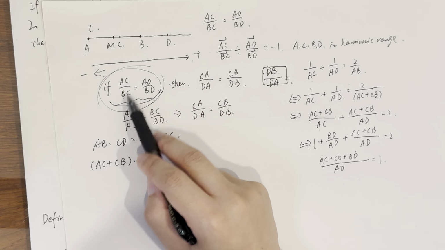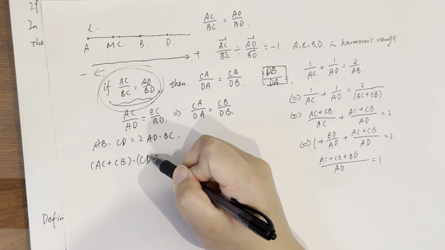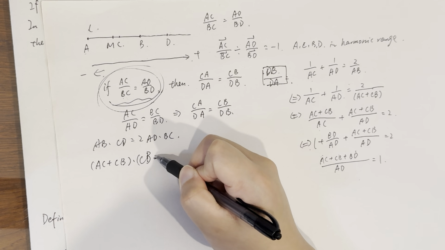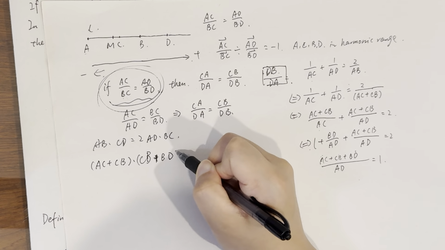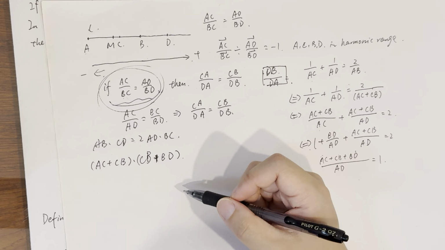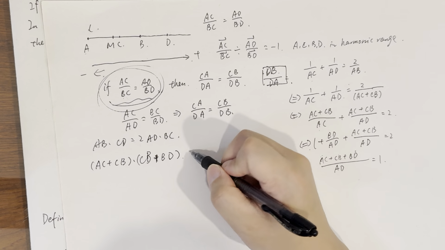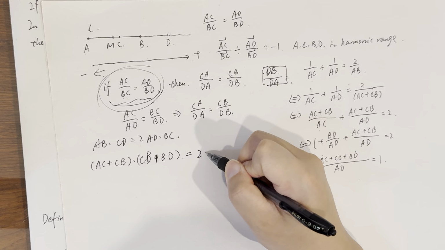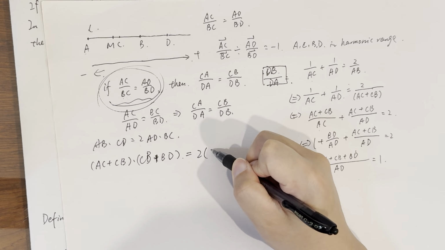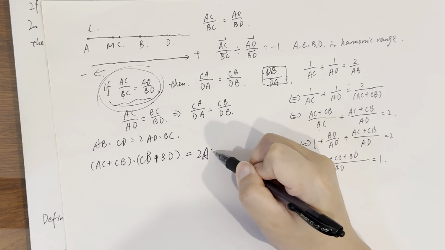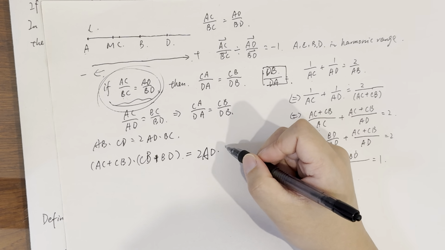We don't have CD here either, so we break CD into CB plus BD. We want to prove that it equals twice AD times BC.